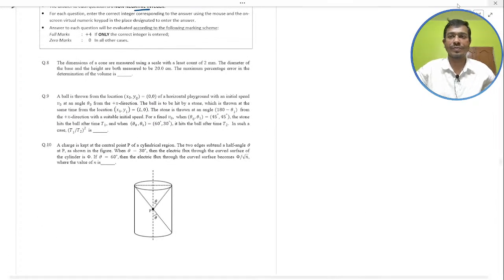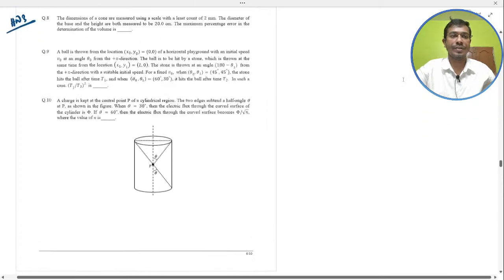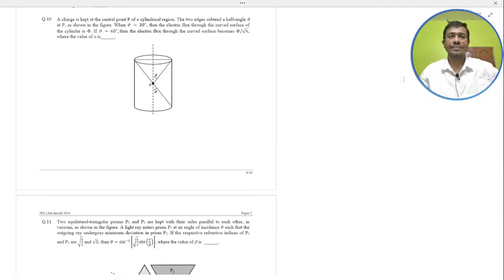First two for yours, homework. Homework C. And first question, question number 10. A charge is kept at the central point P of the cylindrical region.